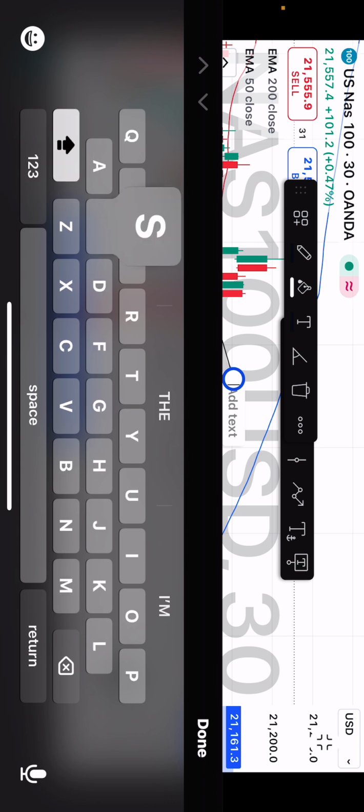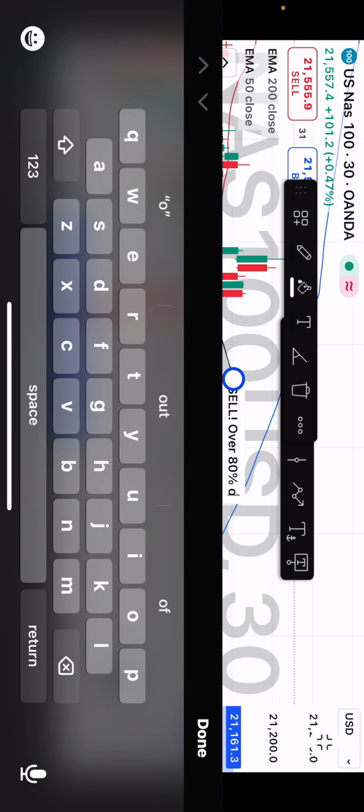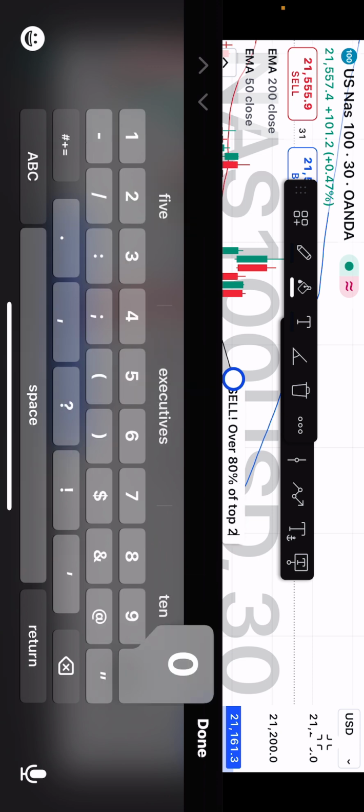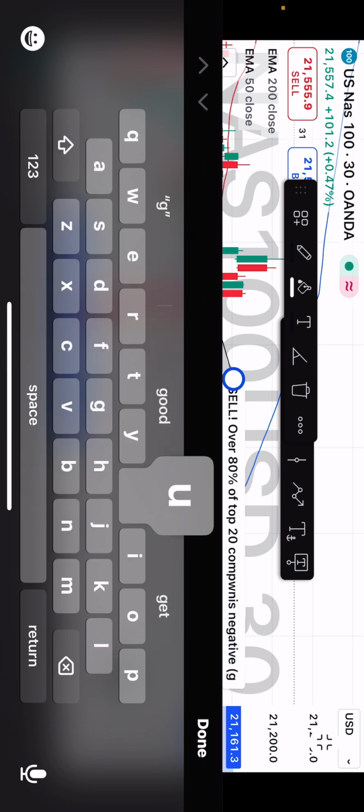I'm gonna say sell, over 80% of top 20 companies negative. And I'm gonna say guaranteed.